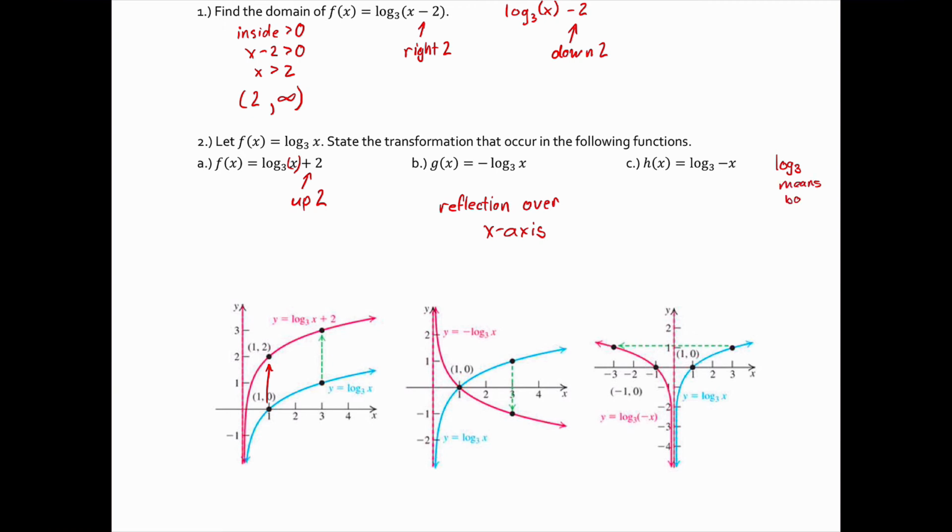It is just the middle of the tree. You actually need the input, in this case negative x, for it to mean something. Well, then this negative sign, multiplication by a negative, again is a type of reflection, but because it's inside with the x, it's going to be moving us over the y-axis.